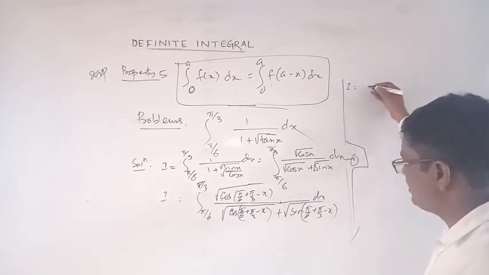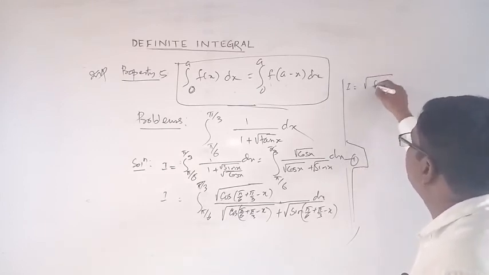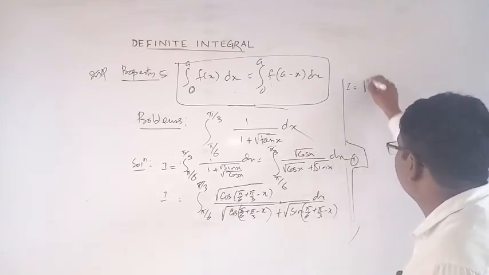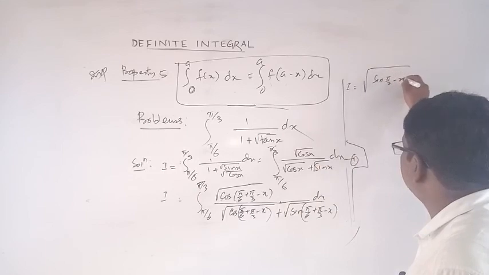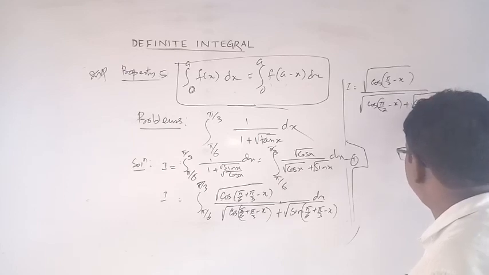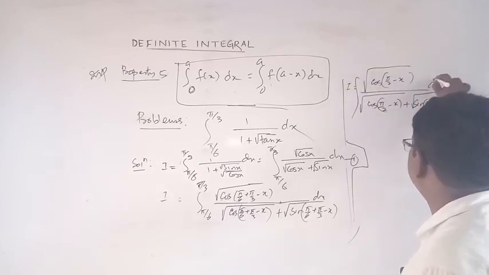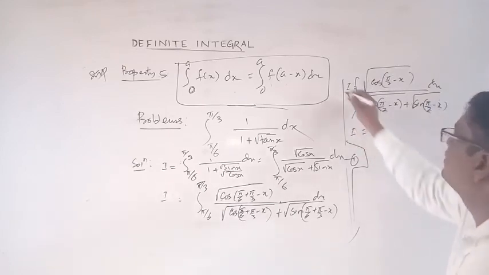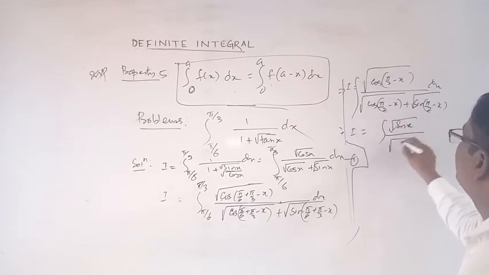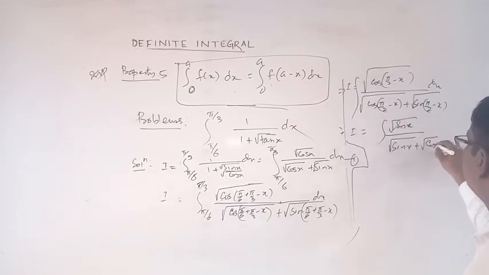So I is equal to the integral of root sin x over root sin x plus root cos x dx, because pi by 6 plus pi by 3 is pi by 2, and sin of pi by 2 minus x is cos x. This is equation 2.